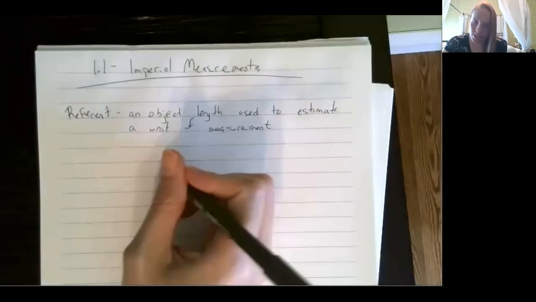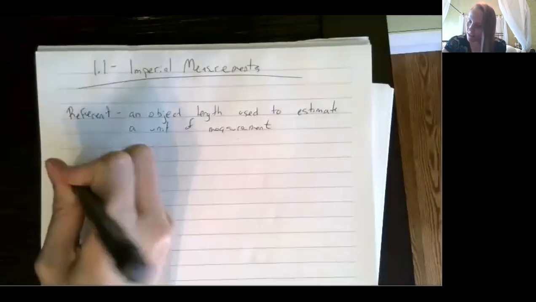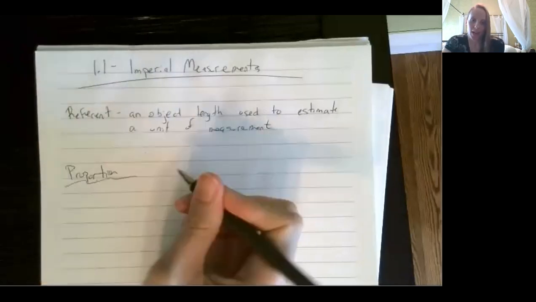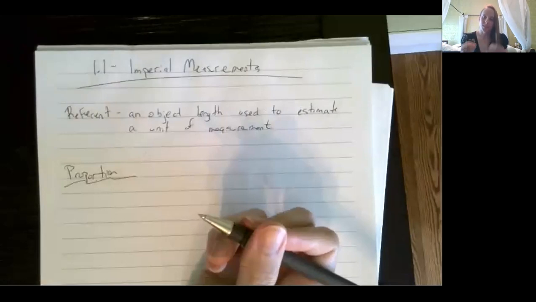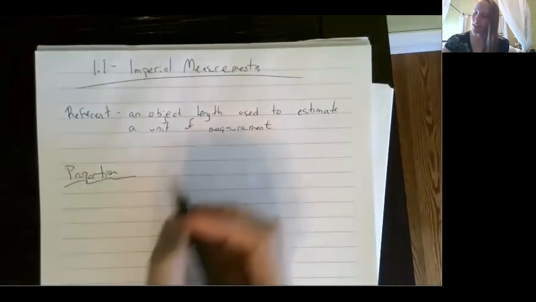conversions. So the first type is using a proportion. And when we do that, all we're going to do is we're going to set up whatever conversion we're given on our formula sheet and then stack our units. So I'll show you what that looks like.